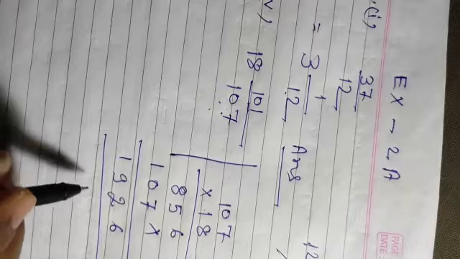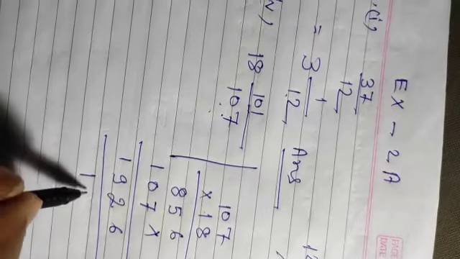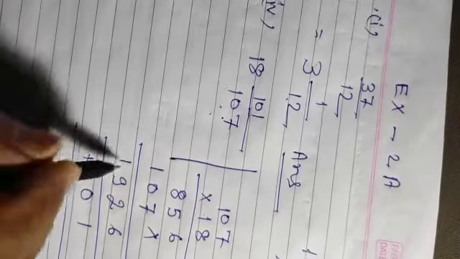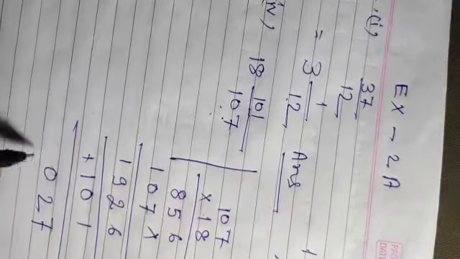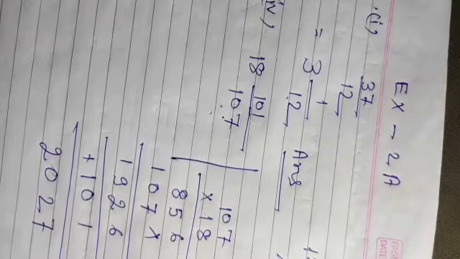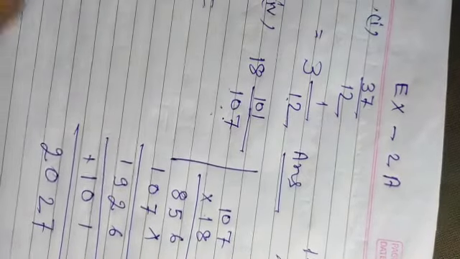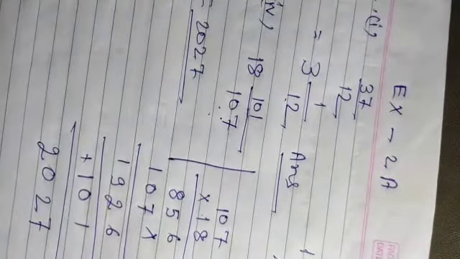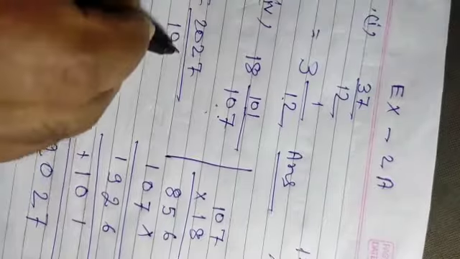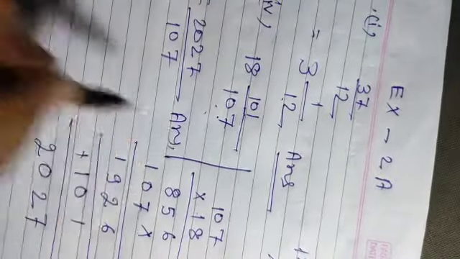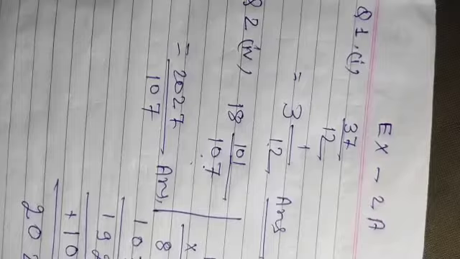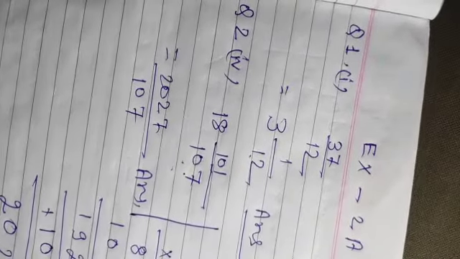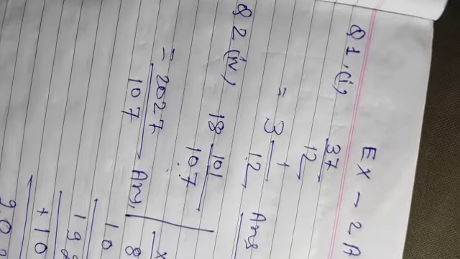You have to add the numerator, so add 101 to this. 1926 plus 101 is 2027. So this will become the numerator. You can write 2027 and the denominator will remain the same, by 107, and this is the answer. Very clear? Question number 2 last: 2027 by 107. Next question.